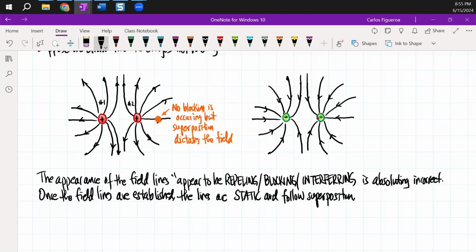But you'll hear people sometimes say, "Oh, it's blocking them, it's interfering." That's hogwash.